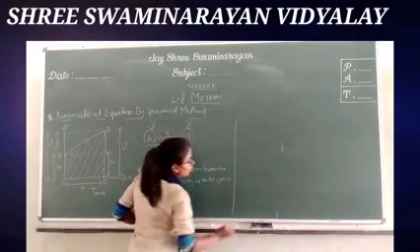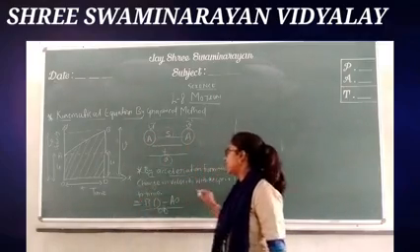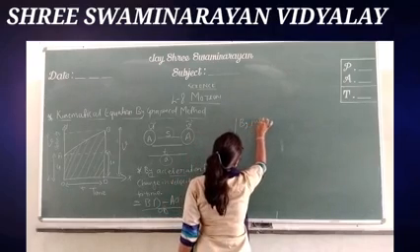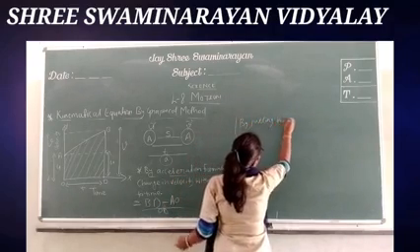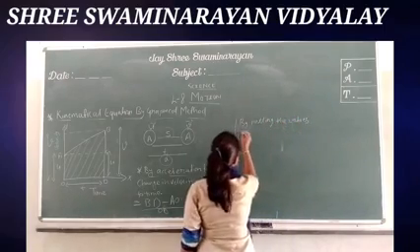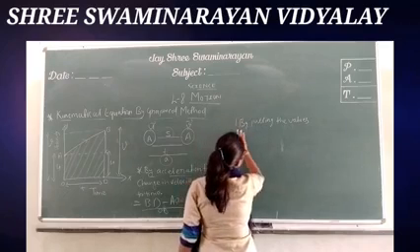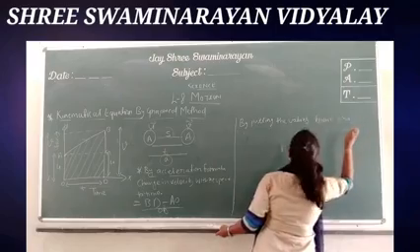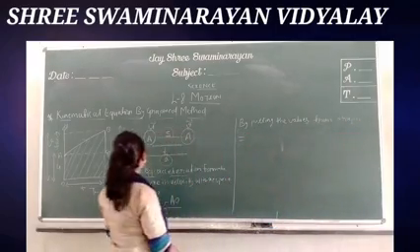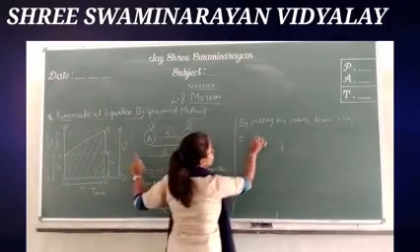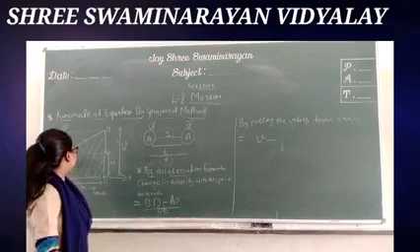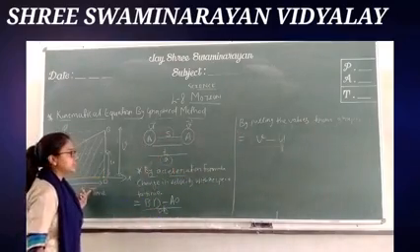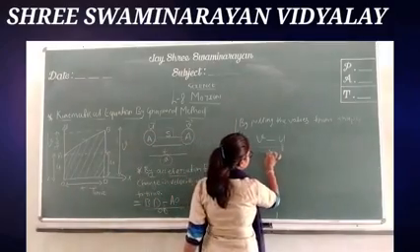So if you put the values from the graph, it will be BD, that is represented by v, AO, that is represented by u, so v minus u, OD, that is represented by t, so v minus u by t.